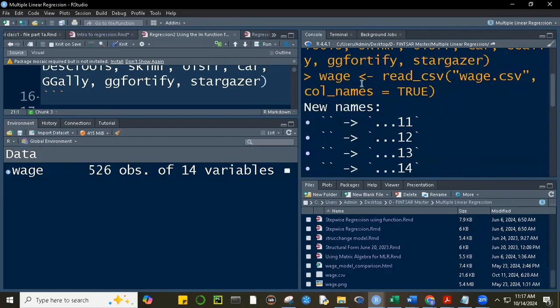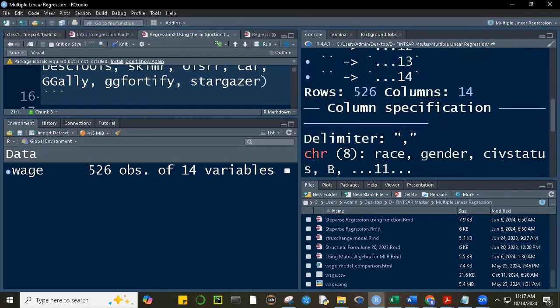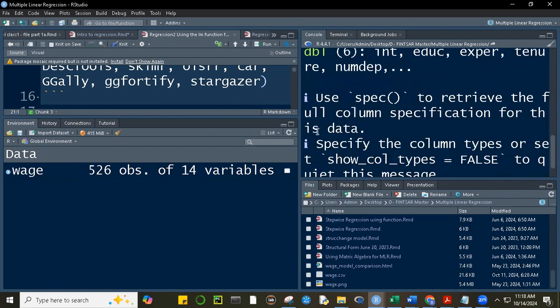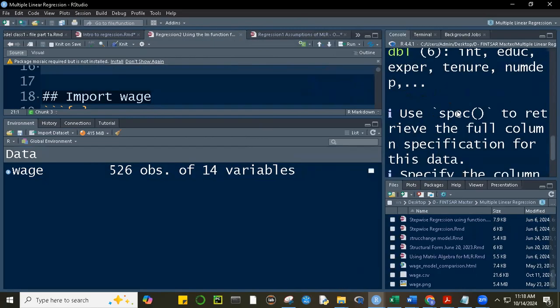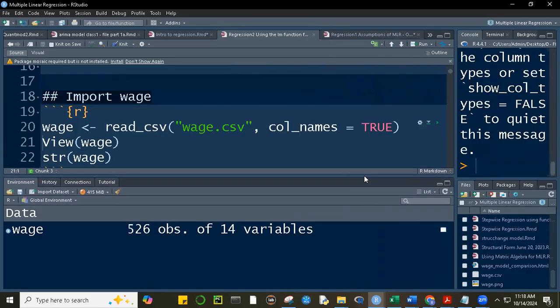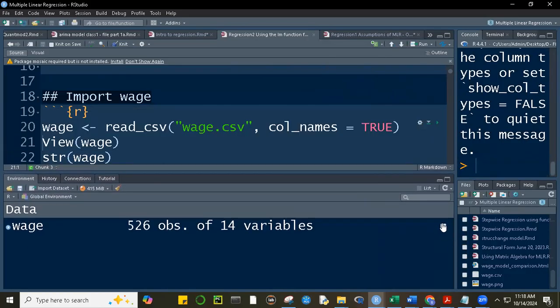So this is the code that we use. And it has 526 rows of observation and 14 columns. Okay, and then some information about the data. So we can view this by clicking this one.